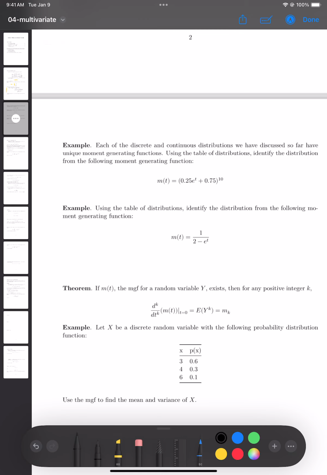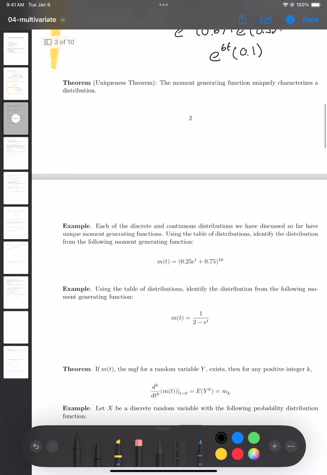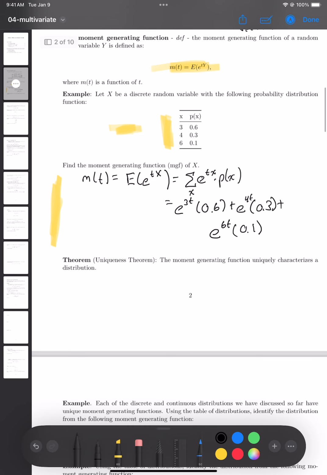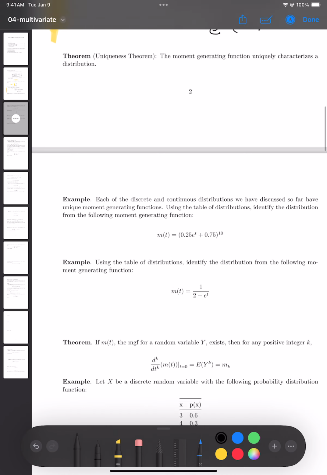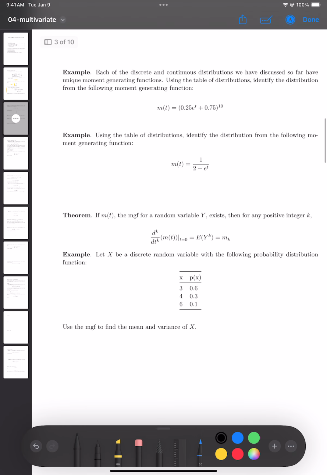Coming down then to a couple of examples. What we did in the previous example was we had this unknown distribution, unknown in that it doesn't have a particular name. But each of the common discrete and continuous distributions that we've discussed so far have unique moment generating functions, and these are given on the table.